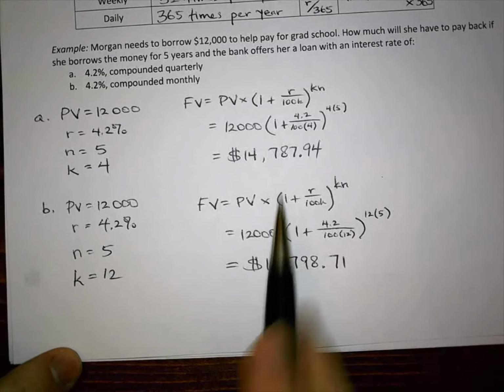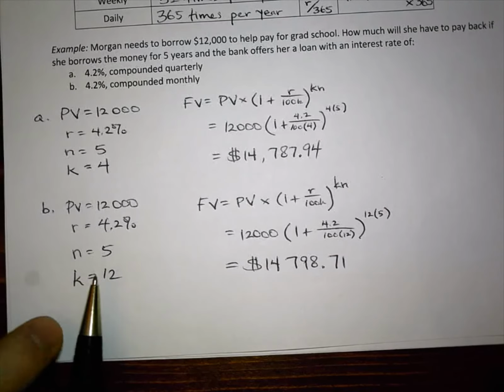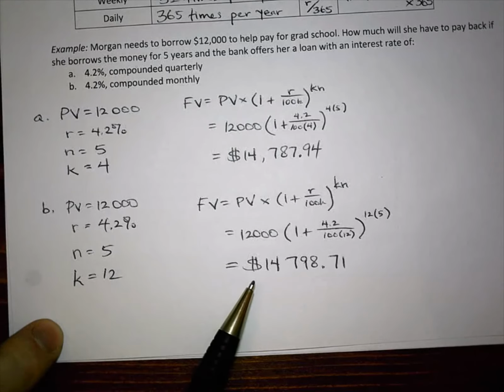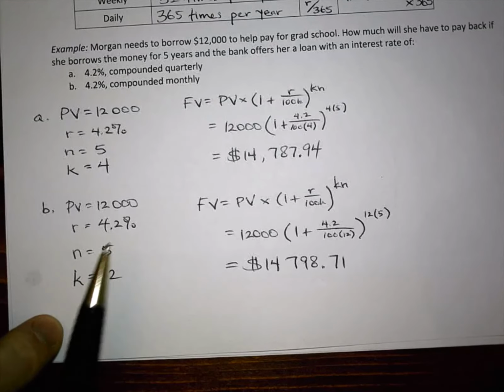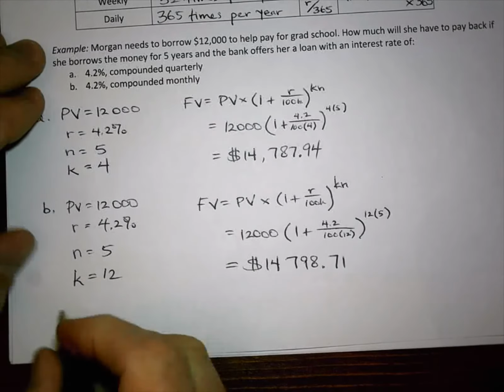Well, in both cases she pays a bunch of money, but actually she ends up paying more when the compounding period is more frequent. So let's just make a note.